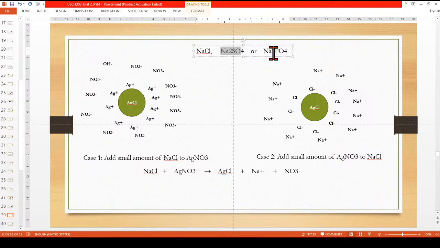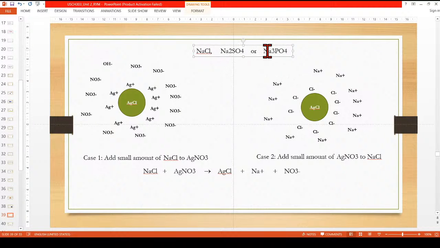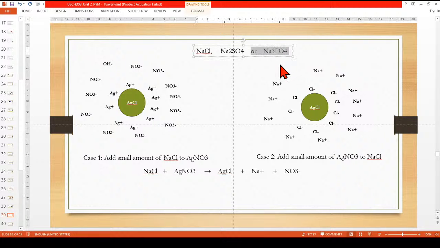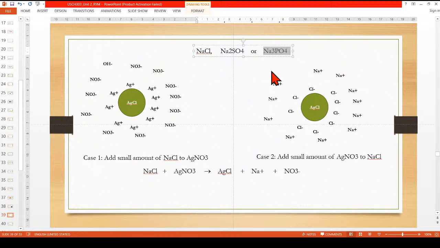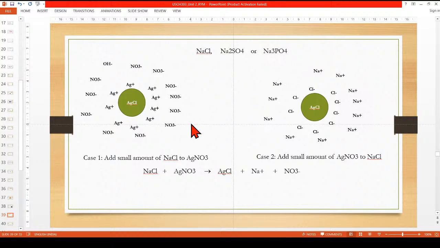And if you add Na3PO4, then for 1 mole of Na3PO4 you have 3 moles of Na plus. So एक ड्रॉप ऑफ Na3PO4 is giving you 3 numbers of Na plus ions. समझ रहा है? तो therefore you will select the more charged molecule as common ion in addition.